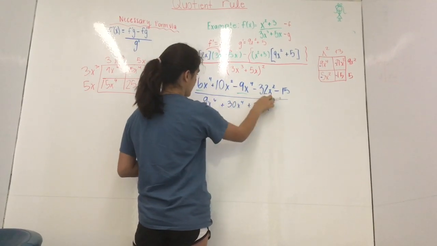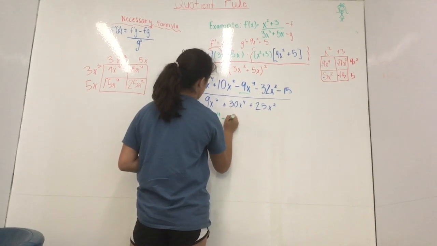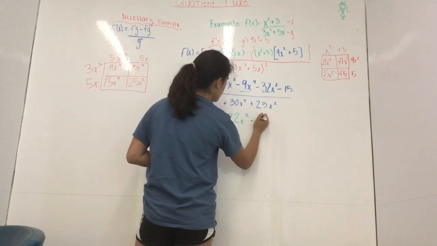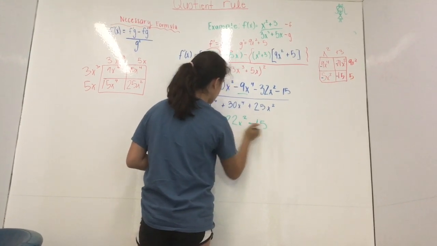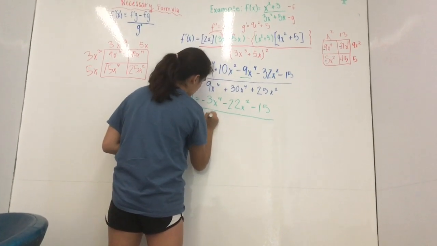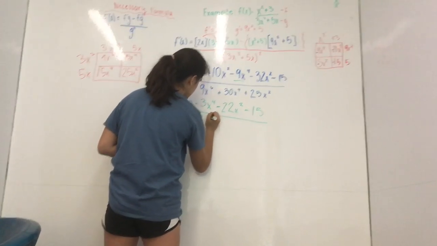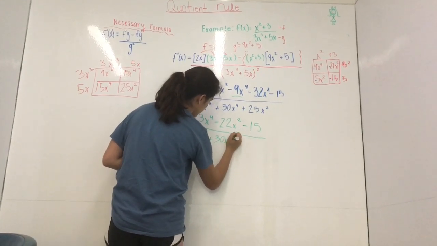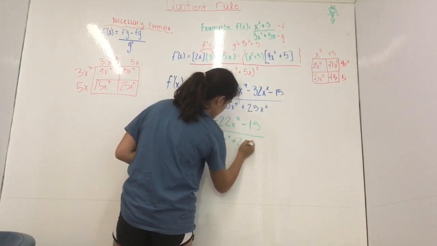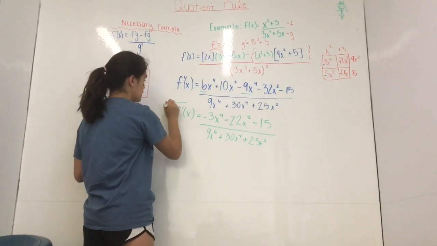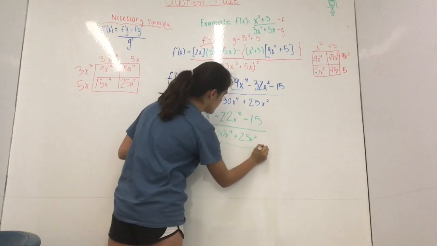Then we combine the x squared terms, which is minus 22x squared, minus 15, all over g squared, which we just factored out: 9x to the sixth plus 30x to the fourth plus 25x squared. And that is your quotient rule, finding the derivative.